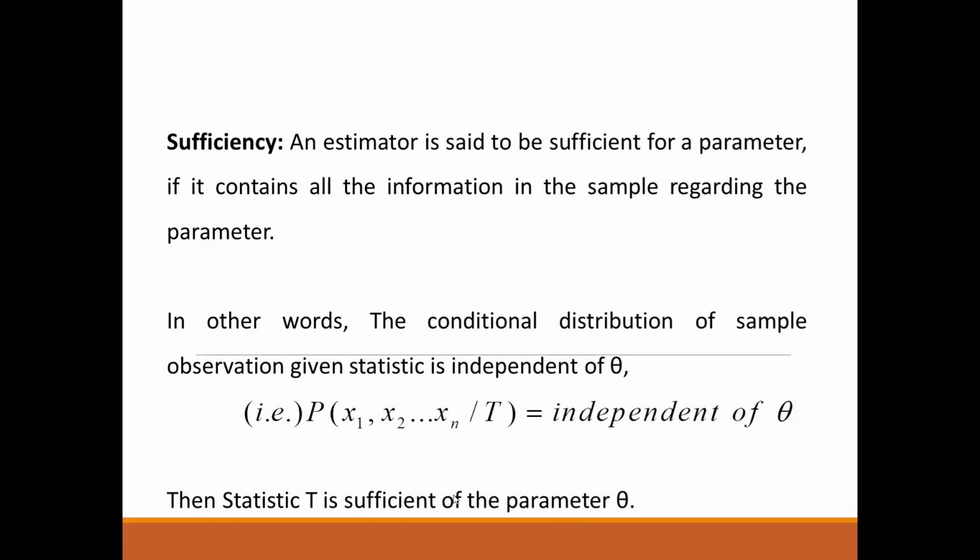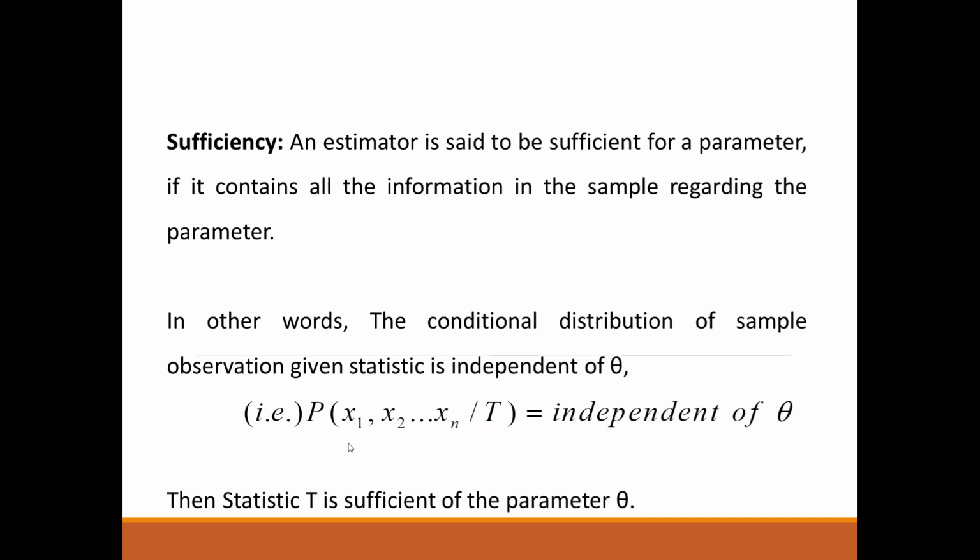So sufficiency is nothing but a concept of information. An estimator is said to be a sufficient estimator if it contains all the information regarding the population parameter theta. If you take any two estimators, T1 and T2, then T1 is sufficient if T1 has all the information when compared with T2 also.